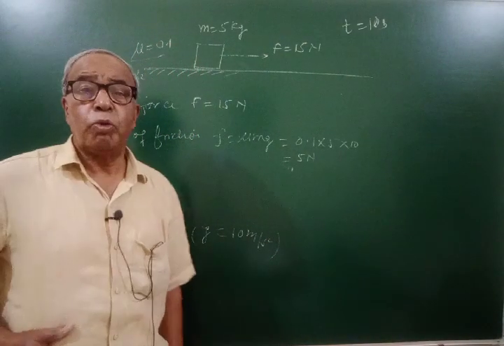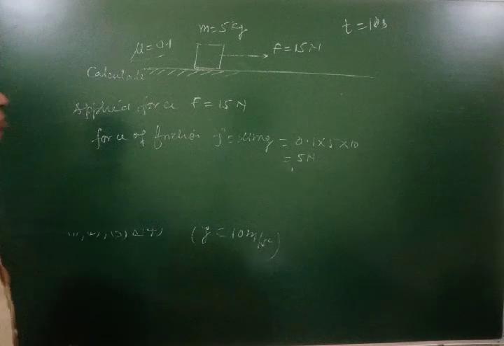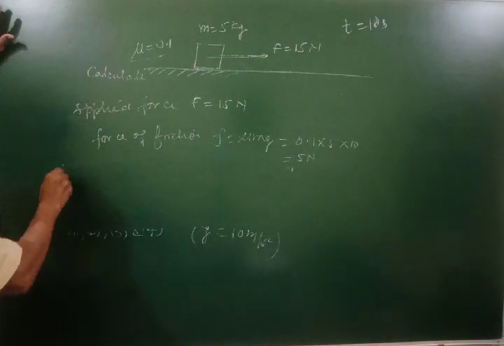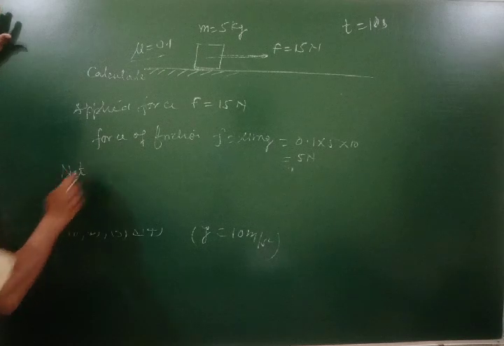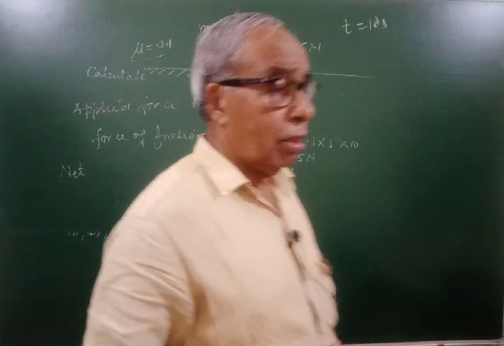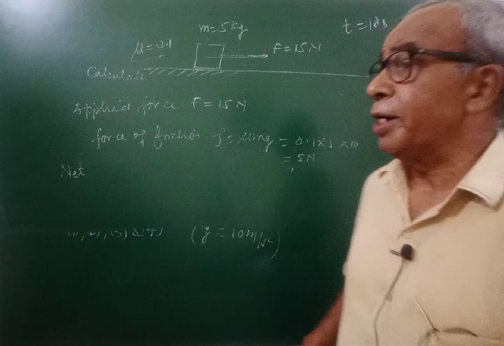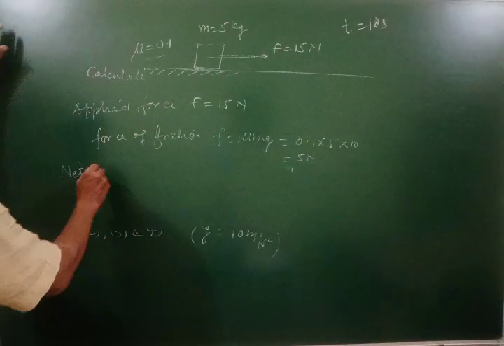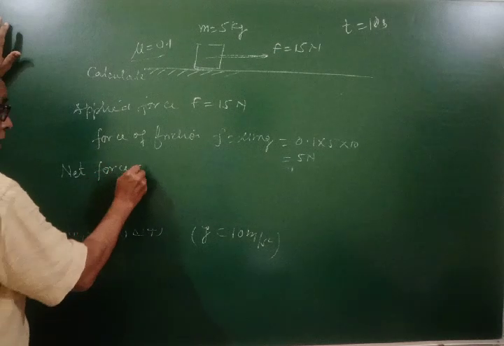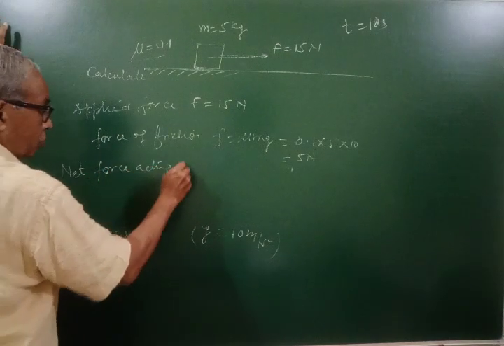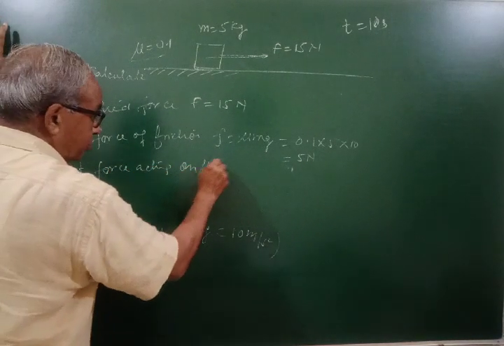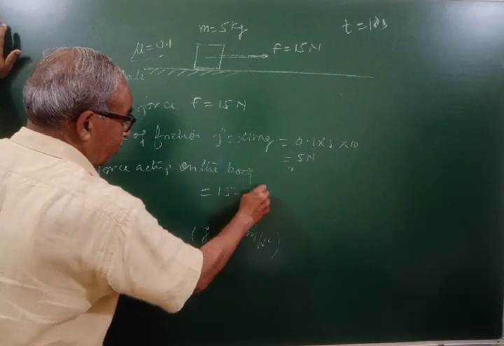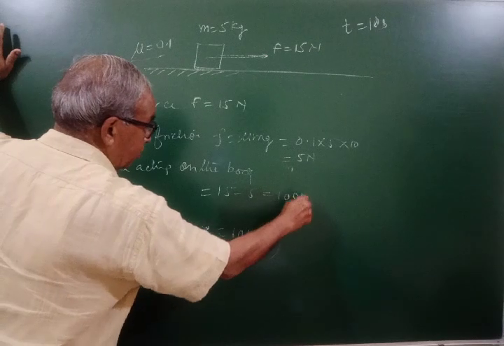So there are two forces acting on the body. One applied external force, another force of friction. So net force. Actually, second law states when an unbalanced force acts, then acceleration is produced. So how much is the unbalanced net force? Net force acting on the body is equal to 15 minus 5, 10 Newton.